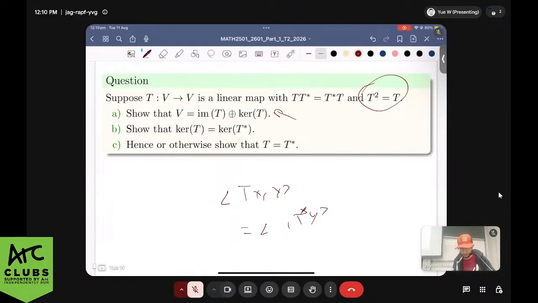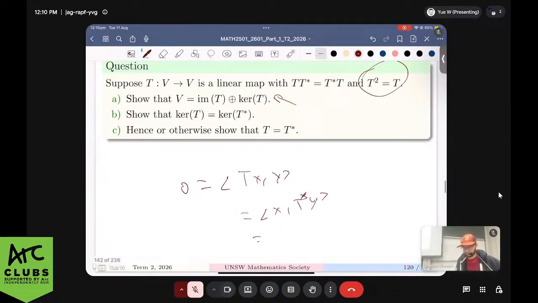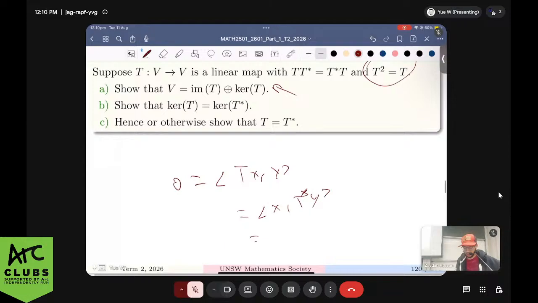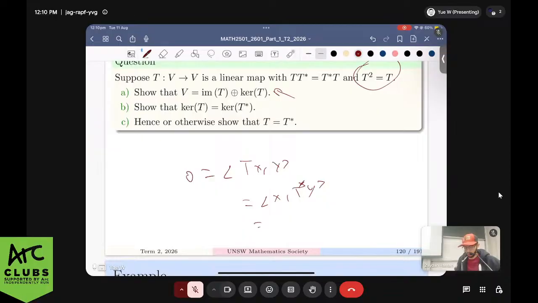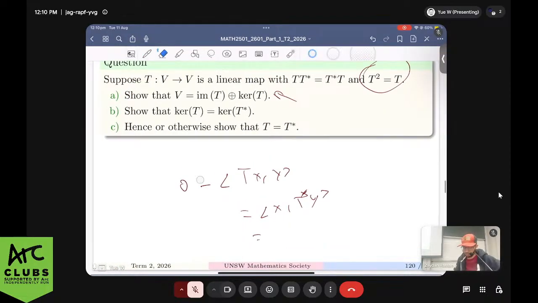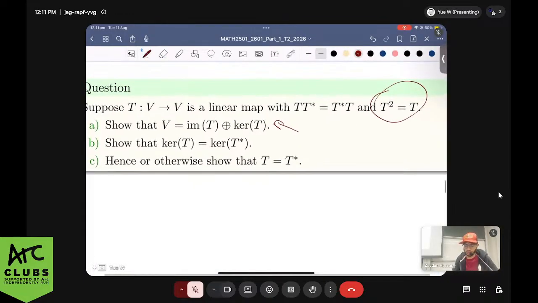So this is 0, and so what we have is T star y inner product this equals 0, and this holds for all x. So, wait, let's see. I have to use the fact that it's normal.